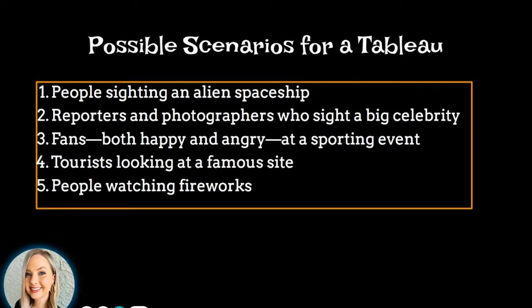So let's say we're looking at the Eiffel Tower. How could we position ourselves to show that in a tableau? And how would that look different from maybe number 2, which is reporters and photographers who spot a big celebrity? You have to be specific.